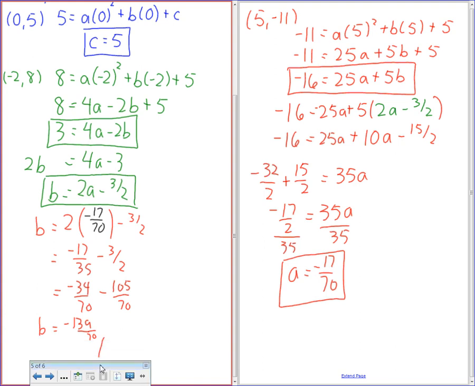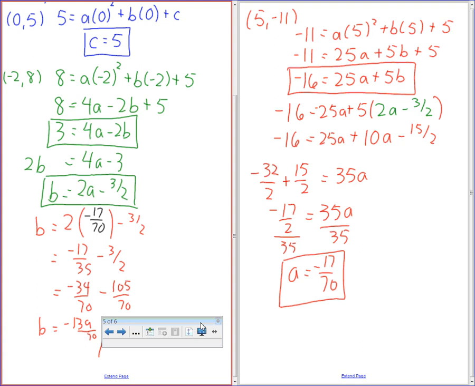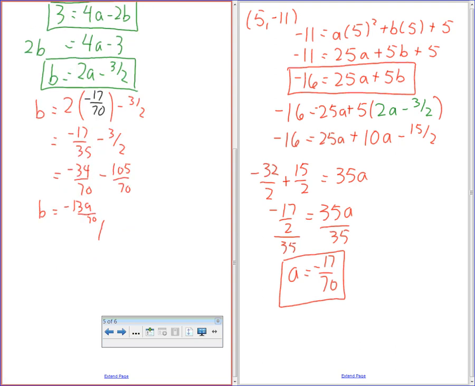Okay, so I got negative 139 over 70, is that right? Yeah. Okay, so y equals negative 17 over 70 x squared minus 139 over 70 x plus 5.